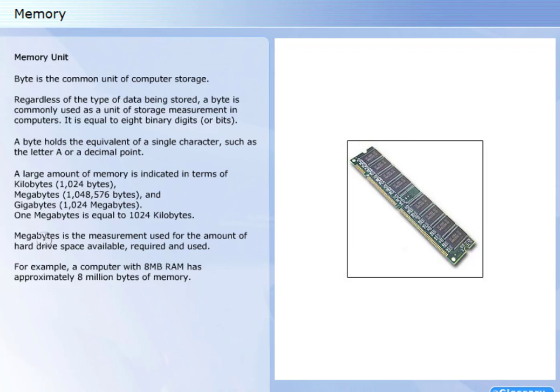Megabytes is the measurement used for the amount of hard drive space available, required, and used. For example, a computer with 8 MB RAM has approximately 8 million bytes of memory.